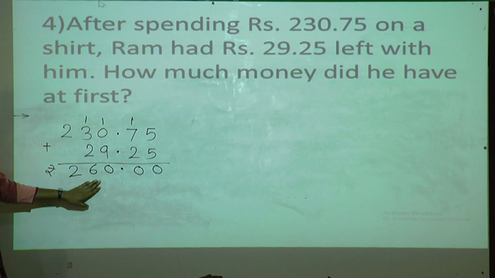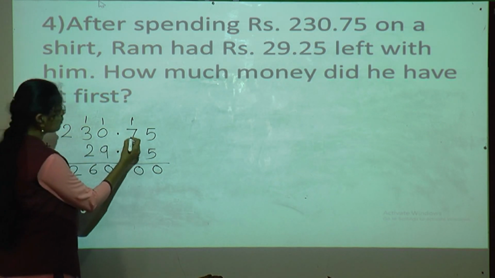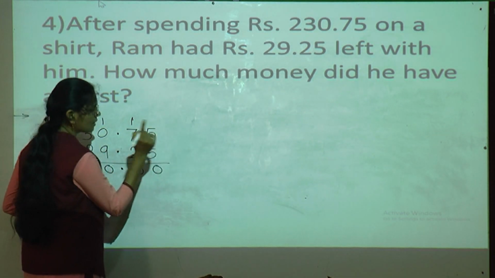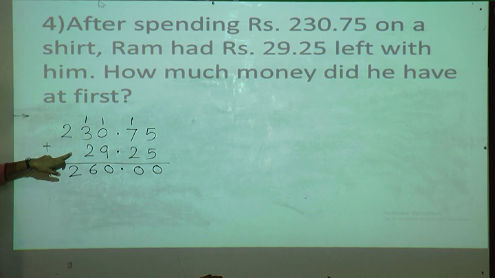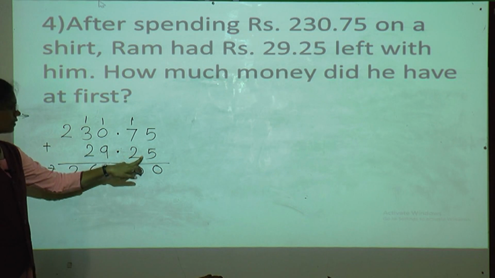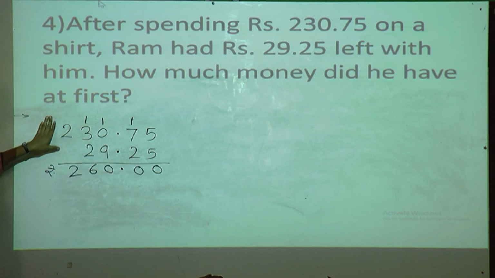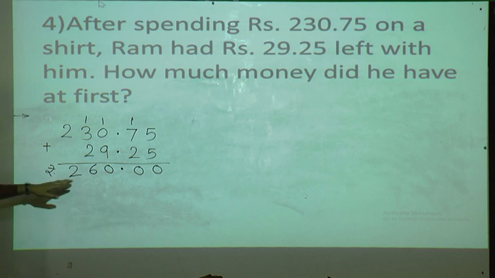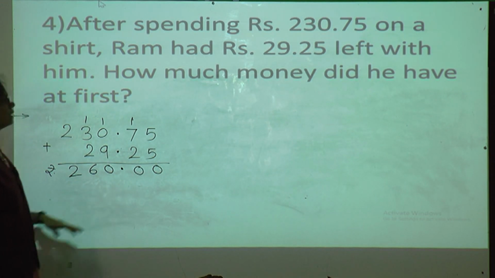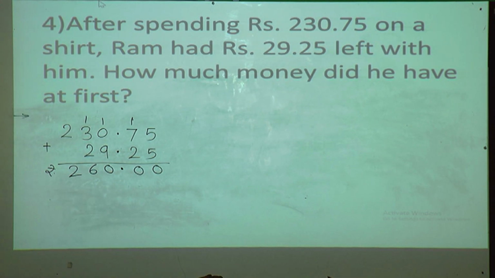From that 260, this 230.75 was spent on a shirt, and then after that the money left with Ram is 29.25. So here we have to do the addition to find out how much money he had at first. After addition we got the answer, that is, 260 rupees he was having at first. Okay, clear? Okay.